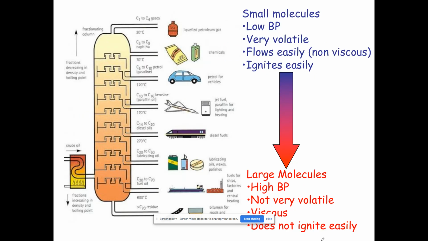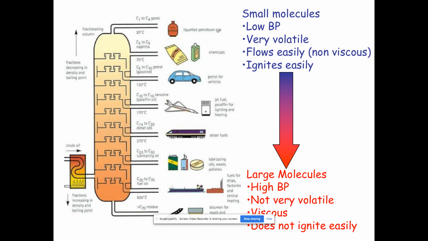So here's our picture. It's kind of hard to read, but we'll try our best. Crude oil comes from the ground, petroleum, like way down in the ground, like Deepwater Horizon. And then we heat it. The first ones to boil off are very small carbon chains, 1 carbon to 4.